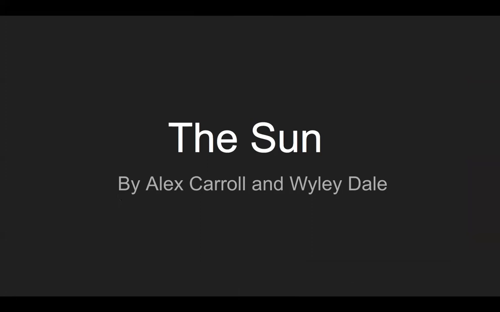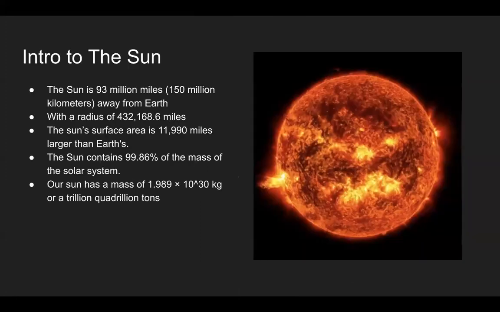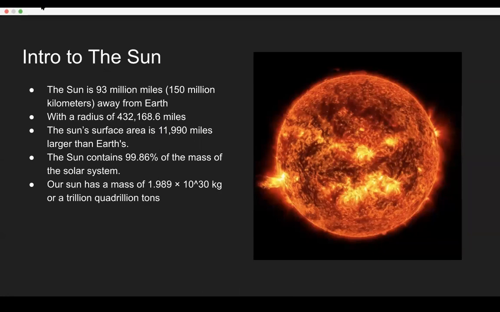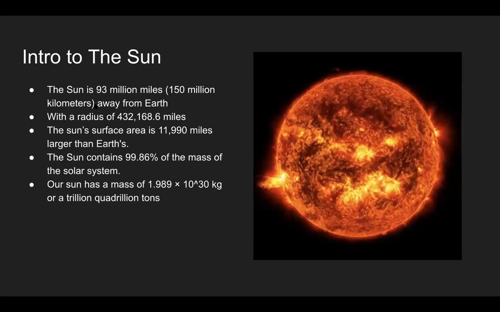Okay, so this is The Sun by Wiley and I. Intro to the sun. The sun is 93 million miles, 150 million kilometers away from Earth, with a radius of 432,168.6 miles.